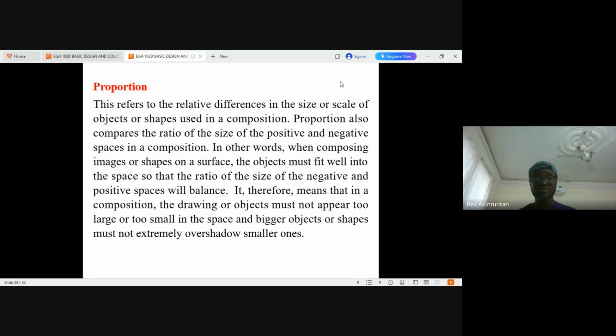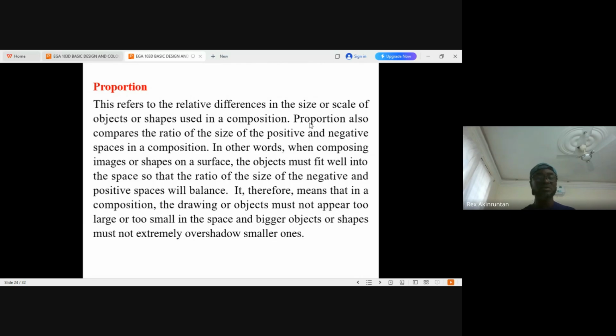Proportion refers to the relative difference in the size or scale of objects or shapes used in a composition. Balance wasn't talking about the size or scale, but here it's talking about the size or scale of an object used in a composition.